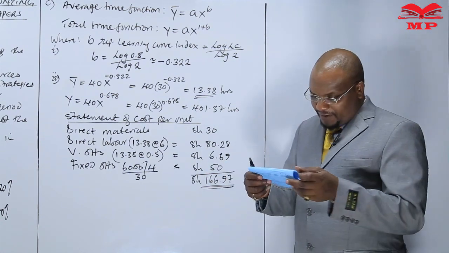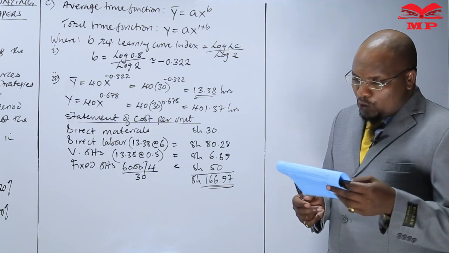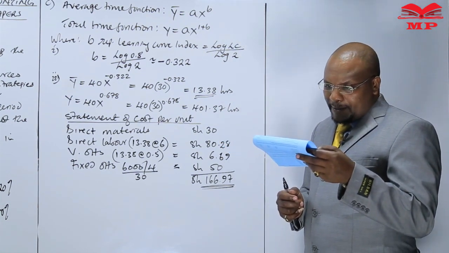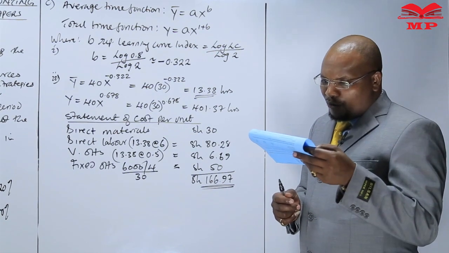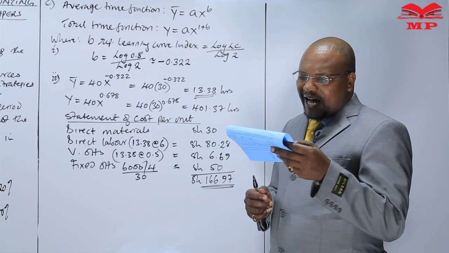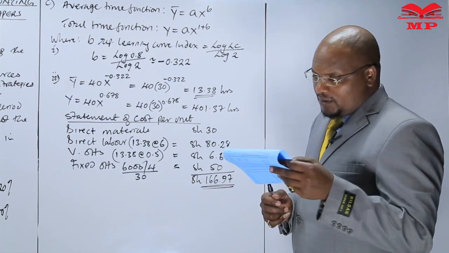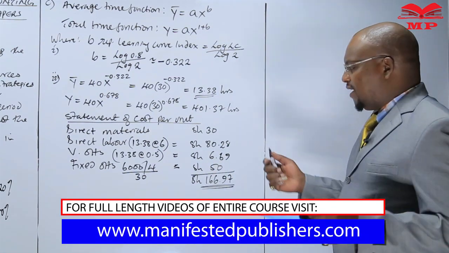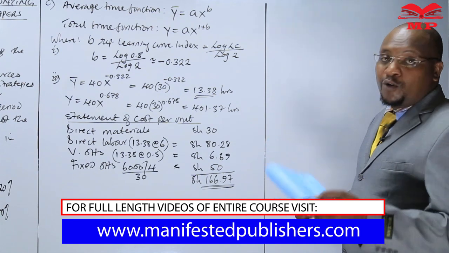Now what about the fate of the current production? We have produced 14 units, and the number of hours that have been used are 240. Probably we may want to know the variance. That's just something extra, it is not part of the requirement.